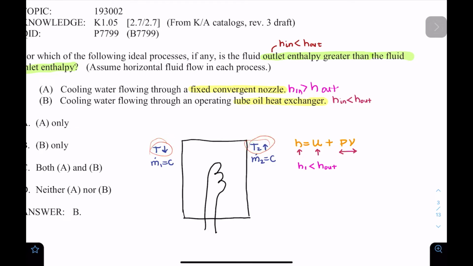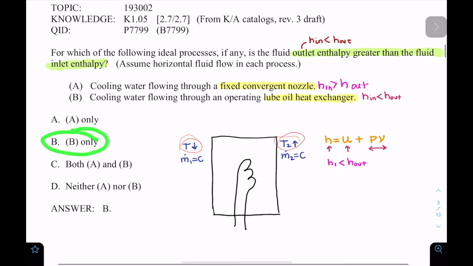So that means we're only affecting our internal energy. If we are increasing our temperature, that means we're increasing our enthalpy, because our specific volume and pressure are the same. In this case, we're not affecting this part of the equation. So that's why the inlet enthalpy is going to be smaller than the outlet enthalpy, and that's why Bravo is going to be our answer in this case.